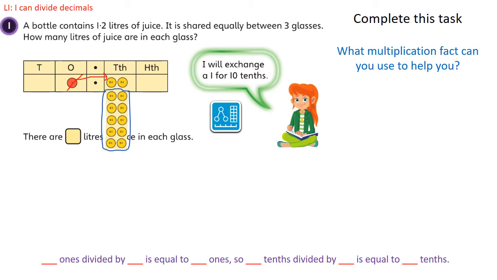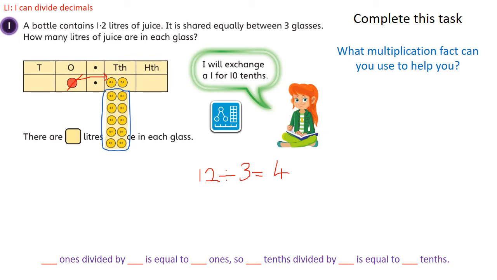Well, I've got 10 there and there's 2 more. So I've got 12 tenths. What multiplication facts do I know about 12 and 3? Well, I know that 12 divided by 3 equals 4.